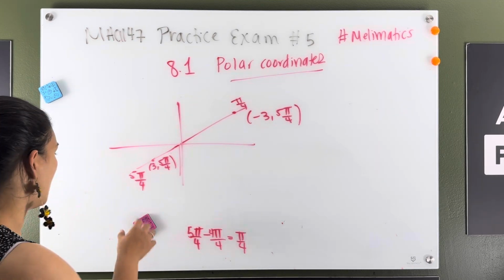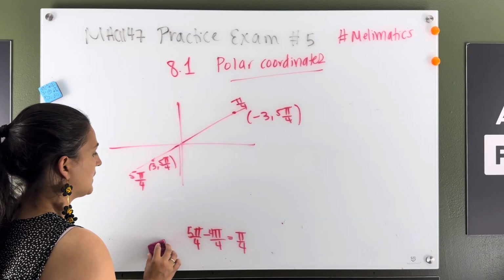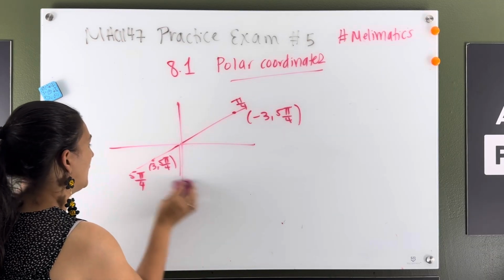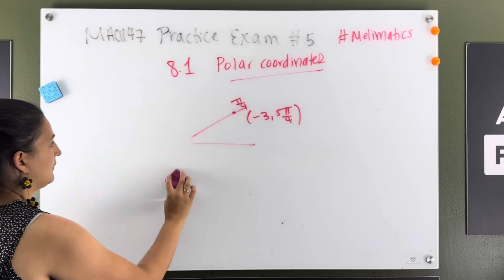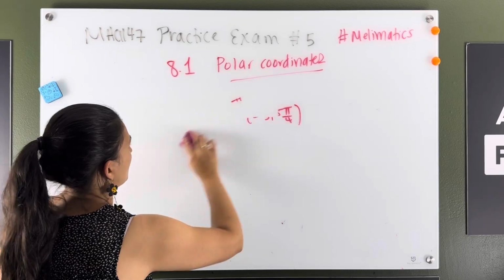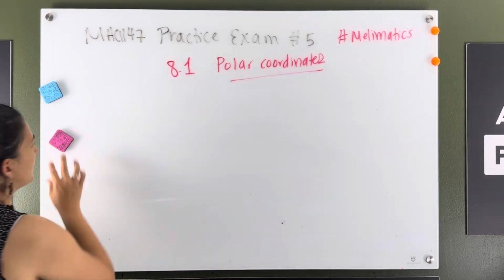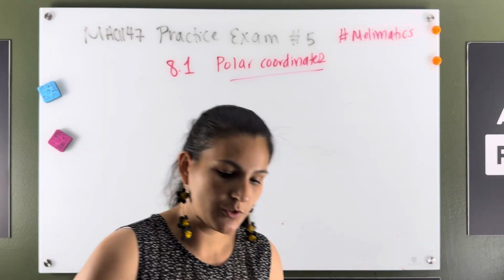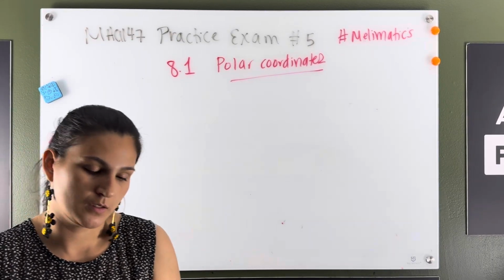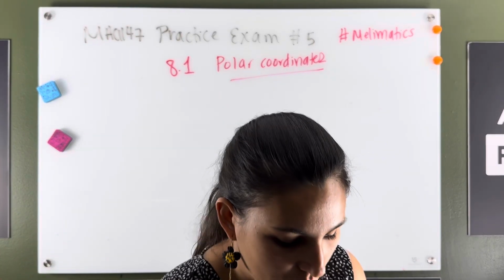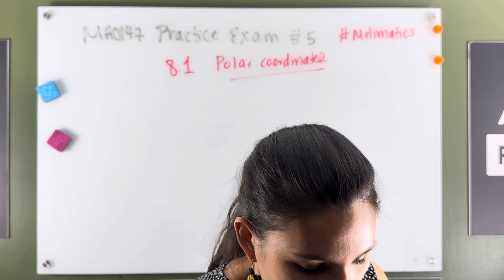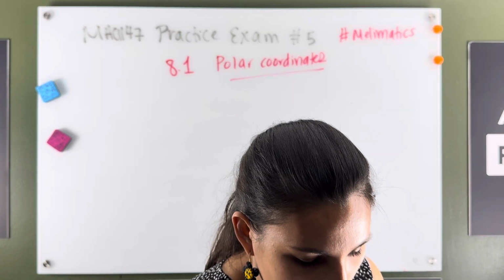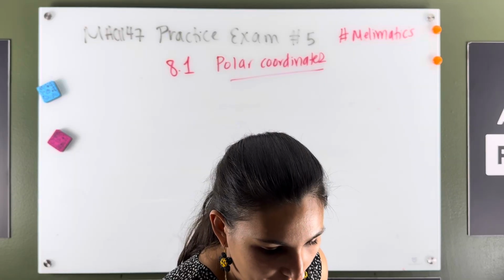But this is just to show you how to get an angle that makes sense when you have plotted a negative r, right, in the opposite direction. So feel free to do that to check yourself. Instead of adding pi, which is 180 degrees, you would just subtract pi, essentially going the opposite direction, and then you'll stay within the one unit circle, and then your answer will make sense in that quadrant.